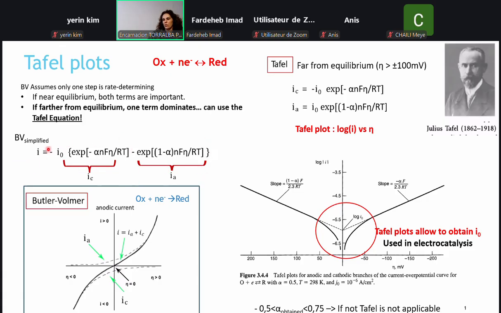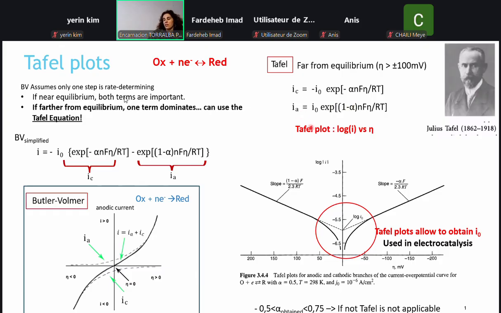The full current is more from Butler-Volmer, I would say. But if you are going only in one direction, in the anode or in the cathode, you can neglect one of the two terms, and in this case, you have only cathodic current or only anodic current.